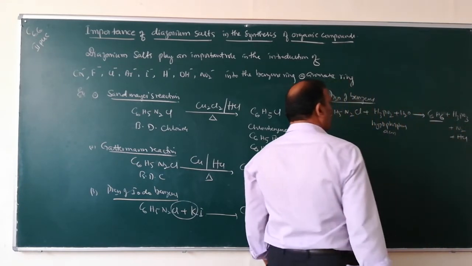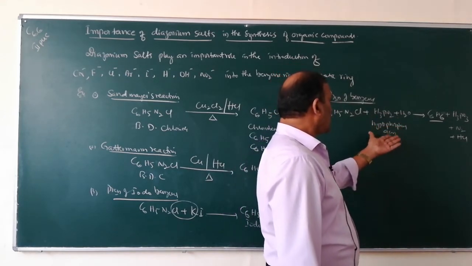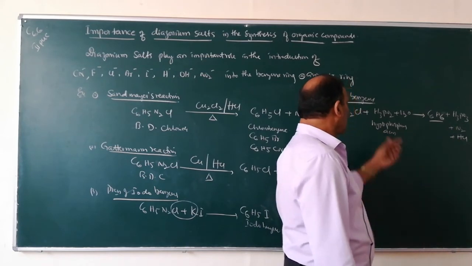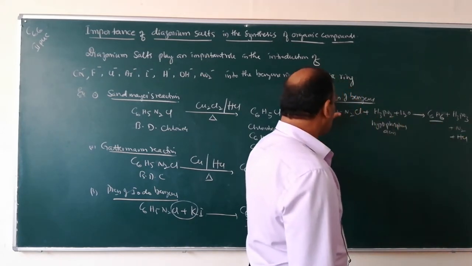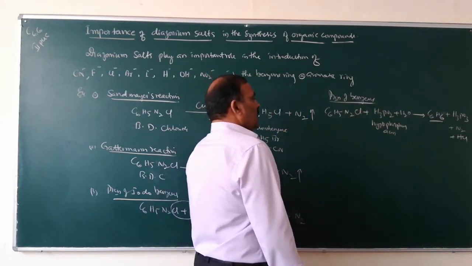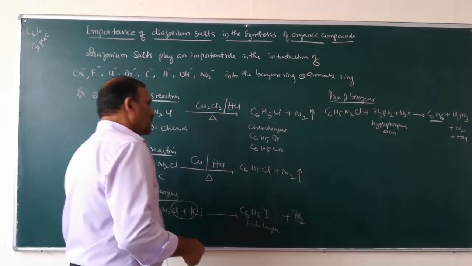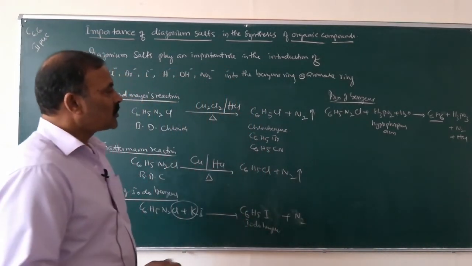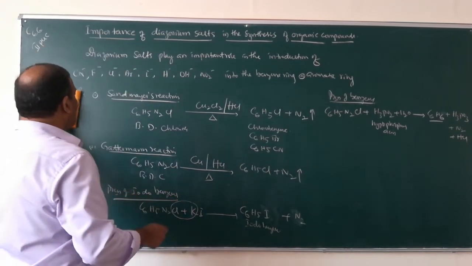We will get benzene. So if you use ethyl alcohol, it is converted into acetaldehyde. If you use hypophosphorous acid, it is converted to phosphorous acid. This is how we can prepare benzene. So similarly, we can also prepare phenol, fluorobenzene, nitrobenzene, etc.